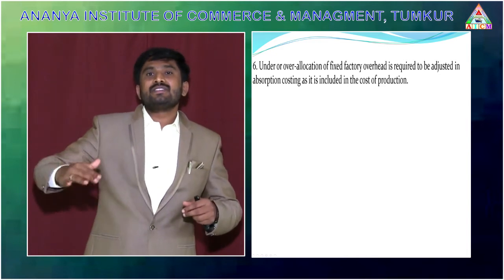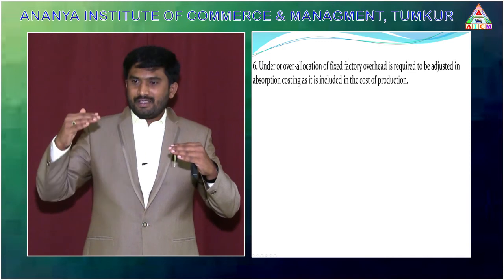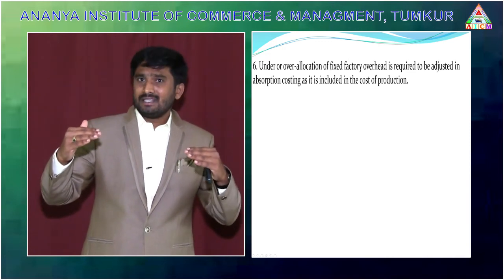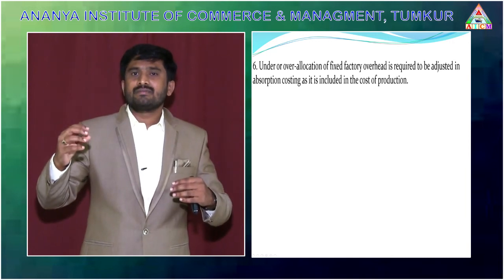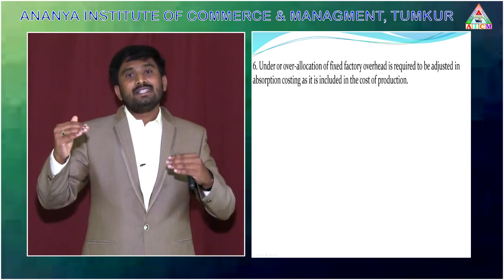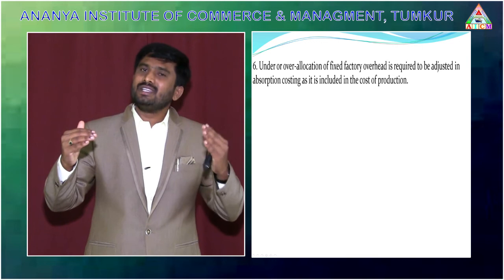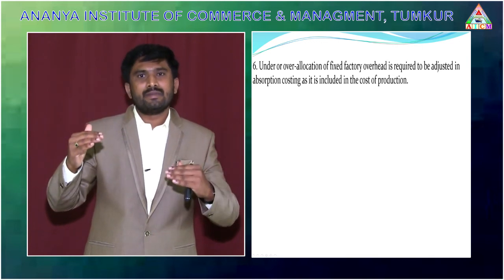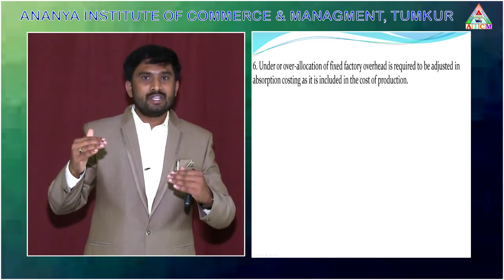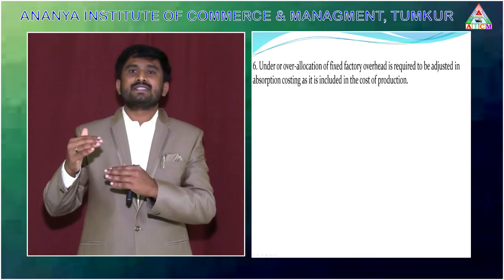If we set normal capacity as 10,000, then we are calculating the fixed cost for the standard capacity of 10,000 units. Then production may vary according to the demand of the market. Sometimes it may produce 8,000. When 8,000 units are produced, there will be under absorption. Again we need to readjust it.